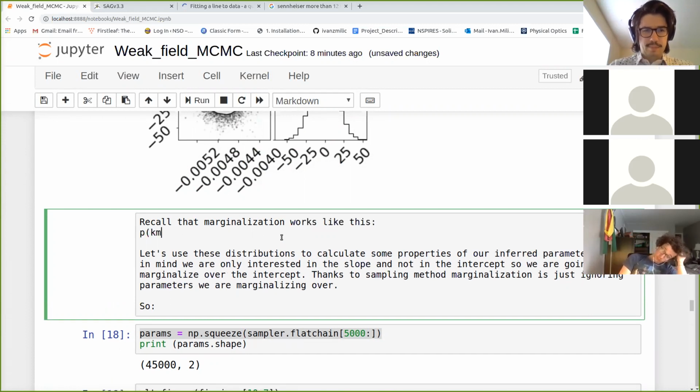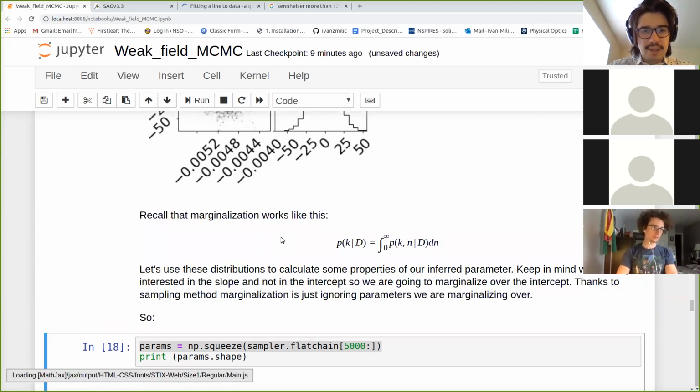P of k, we are interested in the slope, is the integral over the whole space of P of k, n given the data, dn. I'm going to be precise and use 'given the data', because we are talking about posteriors here.